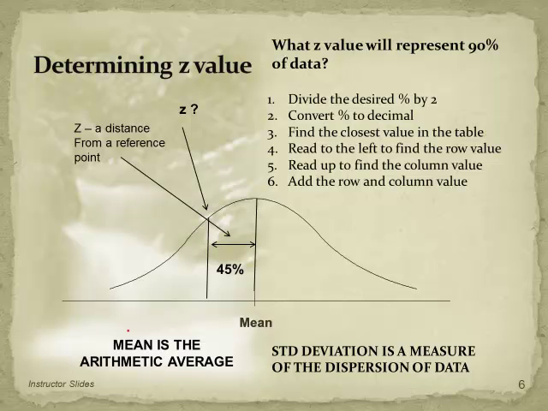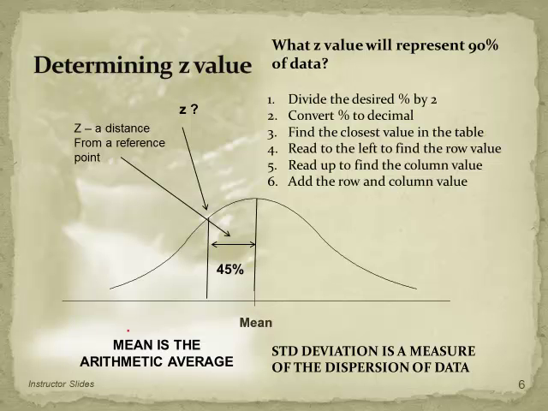And the z-value will be the same for both sides. The only thing is, when we measure z-values, we have to distinguish as to whether it is a positive z or a negative z. So for convention purposes, a positive z-value is a distance to the right side of the mean, and a negative z-value is a distance to the left side of the mean.